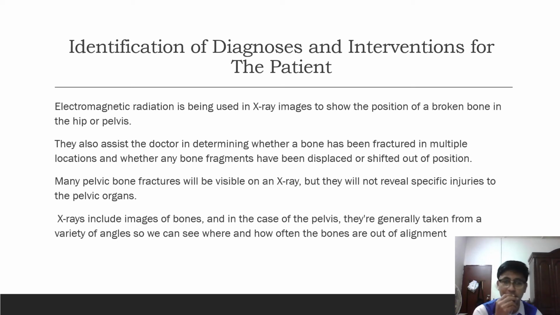Many pelvic bone fractures will be visible on an X-ray, but they will not reveal specific injury to the pelvic organs. X-rays include images of the bones, and in the case of the pelvis, they are generally taken from a variety of angles, so we can see where and how often the bones are out of alignment.